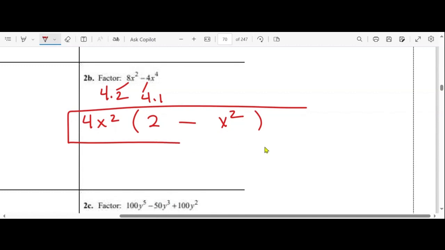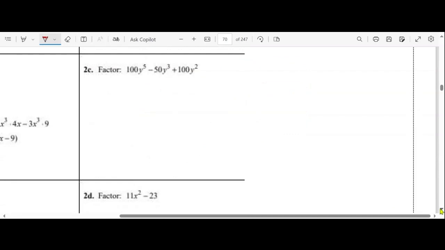Next one. Yeah, who can tell me? 100, 50. Are you sure? Yes, 50. 100 is 50 times 2. And 50 is 50 times 1. Which one is common? 50. And what about y?